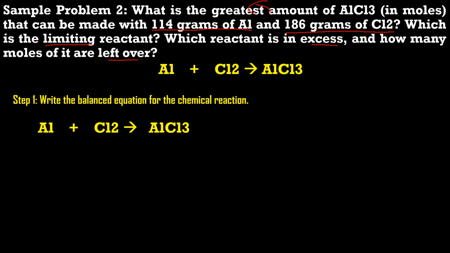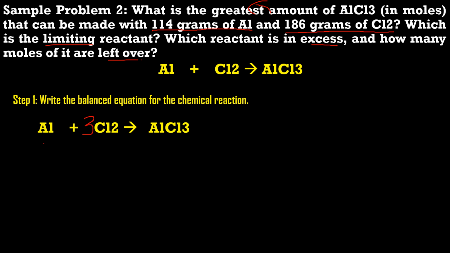So we have here again the unbalanced chemical reaction. If we observe the Cl in the product side, it contains 3 atoms, while in the reactant side, it only contains 2 atoms. So for Cl, we will place 3 as the coefficient under the reactant side.